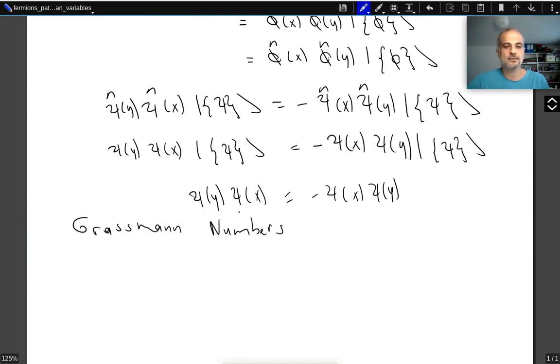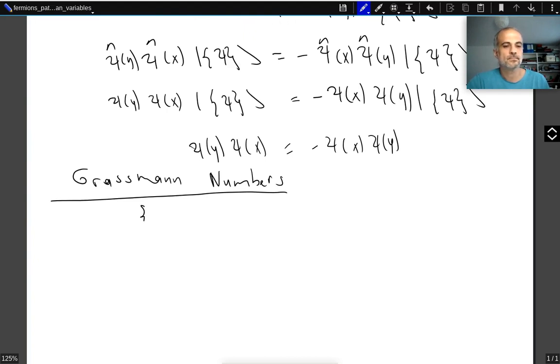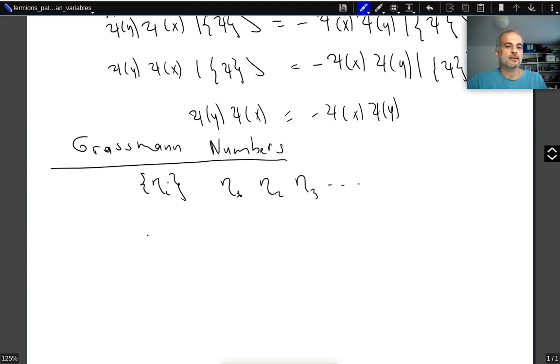Let's say that we have a set of such numbers, eta 1, eta 2, eta 3, etc. And then they satisfy the condition that eta i, eta j is equal to minus eta j, eta i.